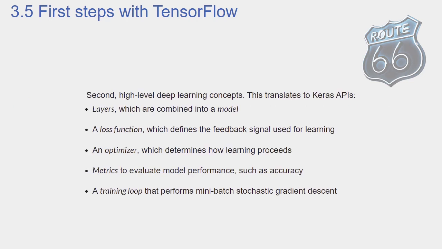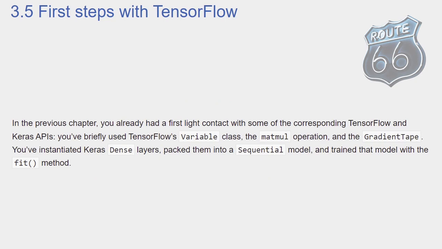Second, high-level deep learning concepts. This translates to Keras APIs. Layers, which are combined into a model. A loss function, which defines the feedback signal used for learning. An optimizer, which determines how learning proceeds. Metrics, to evaluate model performance such as accuracy. A training loop, that performs mini-batch stochastic gradient descent.